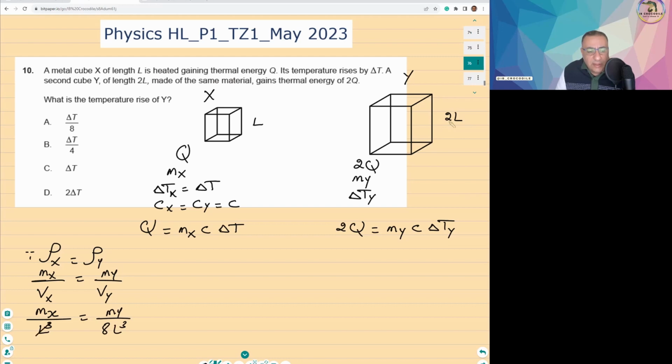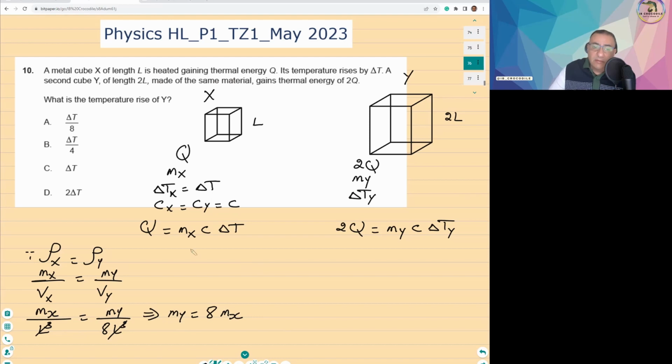Now we can cancel L cubed with L cubed, and that implies that my equals 8 times mx. I just did cross multiplication here: mx over 1 equals my over 8, so my times 1 equals 8 times mx.